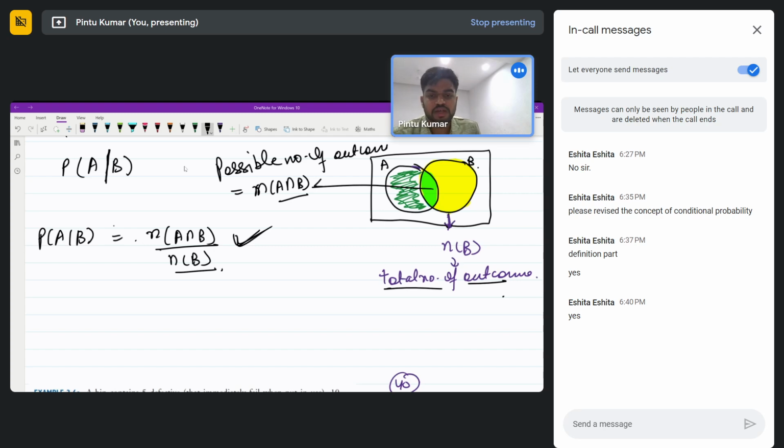So what we do is divide the numerator and denominator by the number of elements in the sample space.